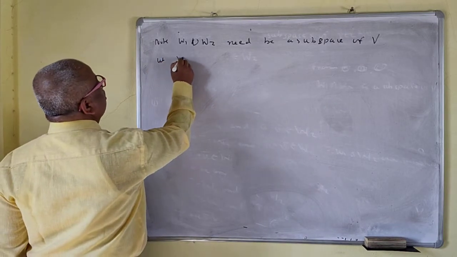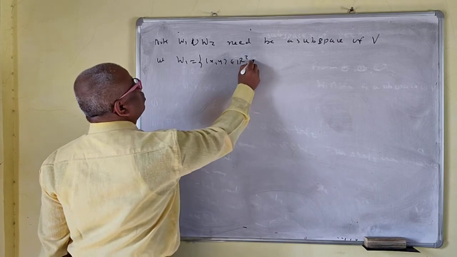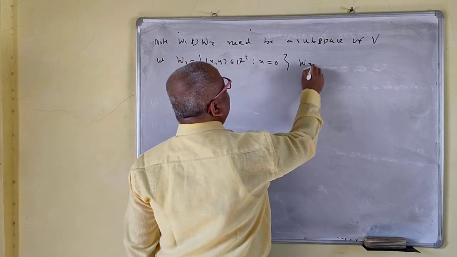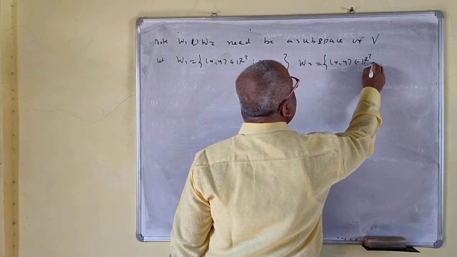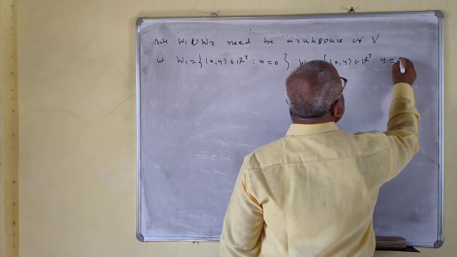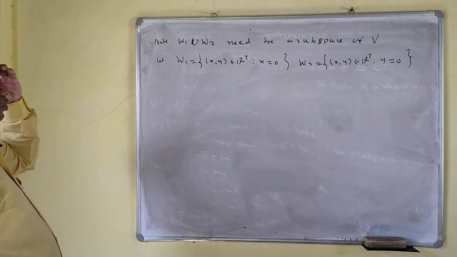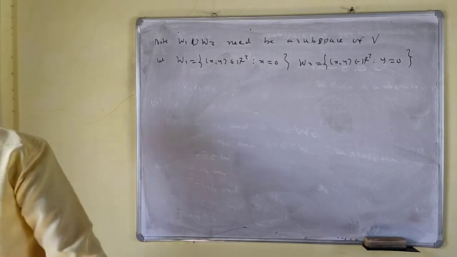Okay, so let W1 equal {(x, y) belonging to R2 such that x = 0}, and W2 equal {(x, y) belonging to R2 such that y = 0}.